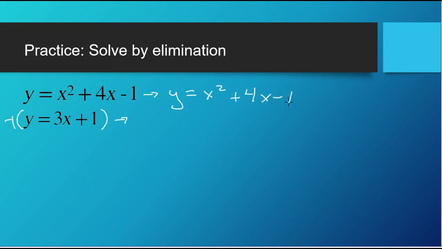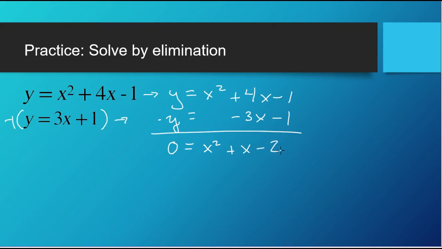And my second equation, when I multiply through by -1, I'll have negative y. And over here I'm going to align my x's and my constants. So -1 times 3x is -3x, and -1 times 1 is -1. So now when I add the two equations together, I have 0 equals x squared plus x minus 2.